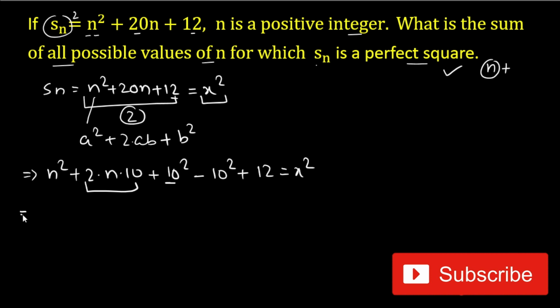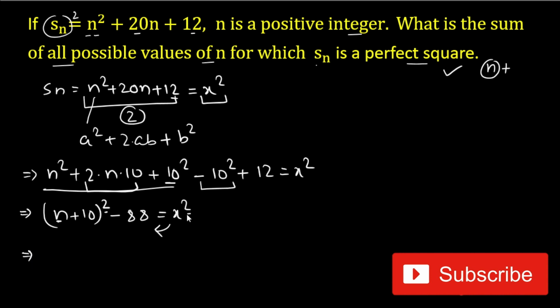Now we'll simplify this expression. It is in the form of a plus b whole square, so we'll write n plus 10, whole square. And now we'll solve this. This is negative 100 plus 12, so it is negative 88, and that is equal to x square. So again we have a square on the right hand side also, so we'll take it to the left hand side, so it will be negative x square.